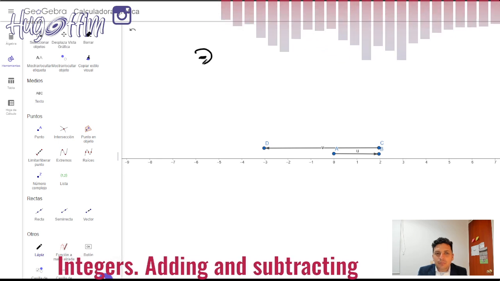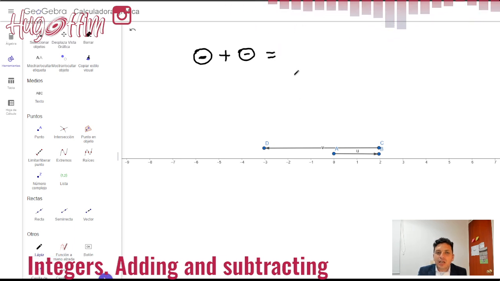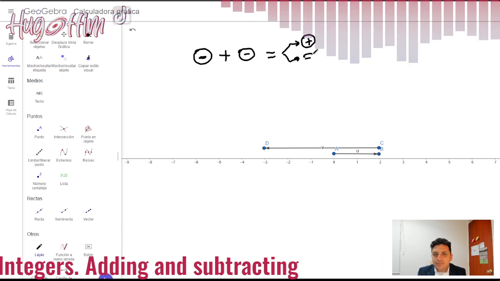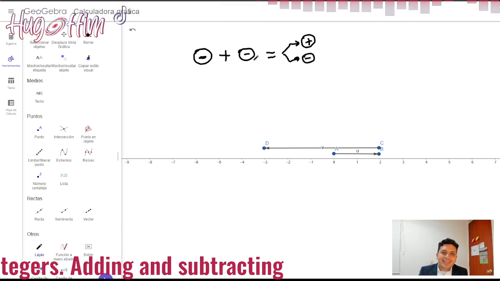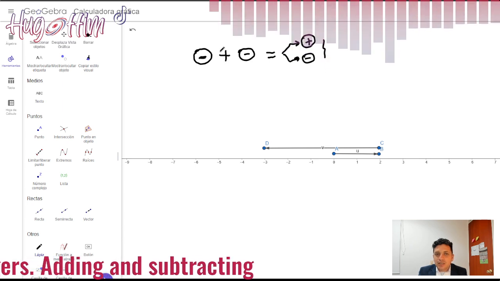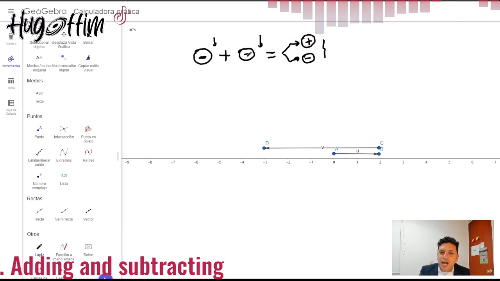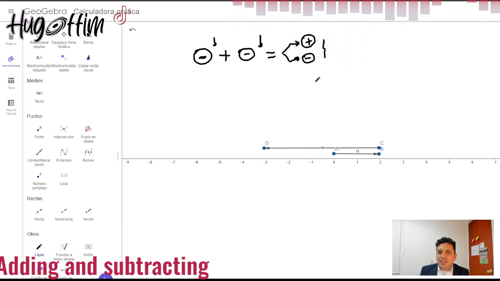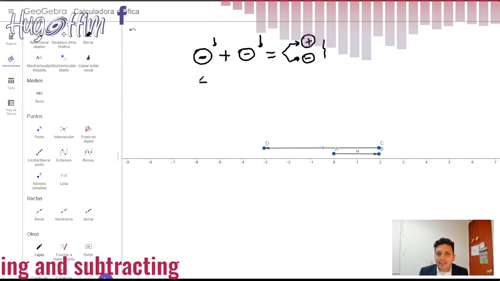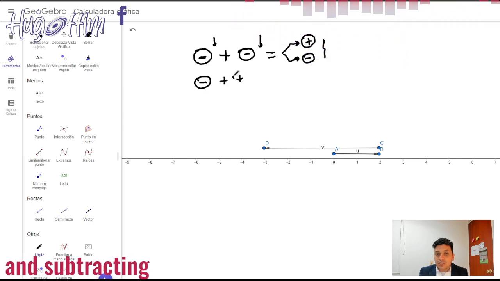So you have a negative number and you want to add it with another negative number. What will happen to the answer? First, will the answer be positive or negative? Second part to describe, is the answer going to be the addition of the absolute values or the subtraction of the absolute values? Think in terms of these ideas. For example, what happens if you have a negative number plus a positive number?